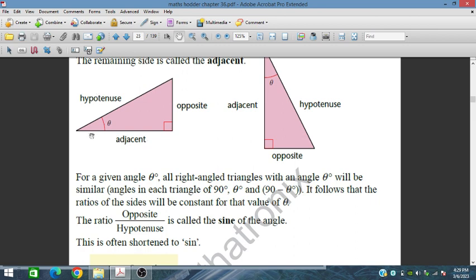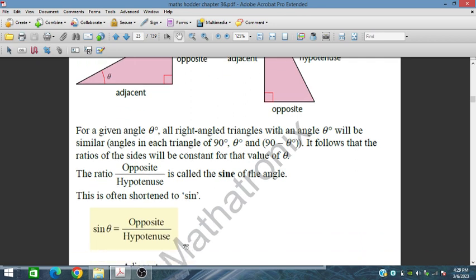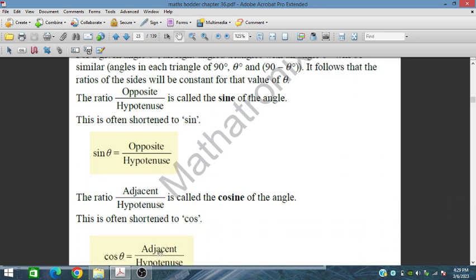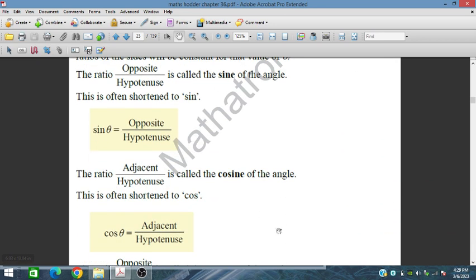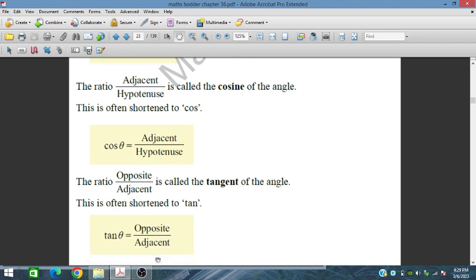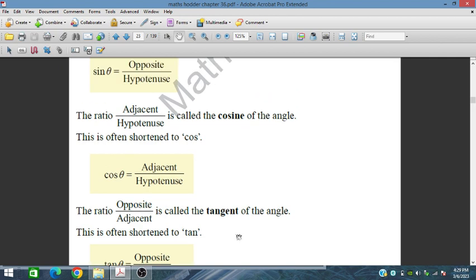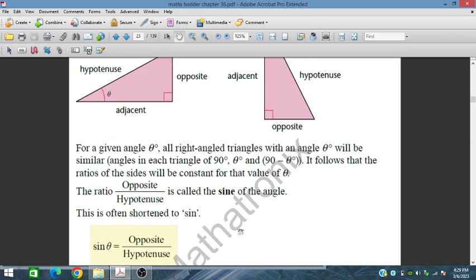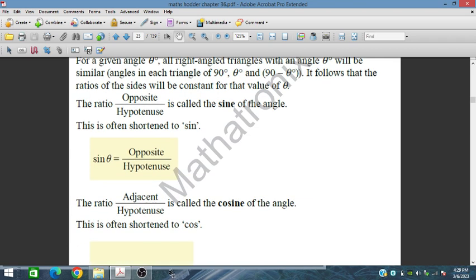So adjacent is this one, and the hypotenuse is in the denominator. Adjacent upon hypotenuse is cos theta, and the last one, tangent, is opposite upon adjacent. So this is opposite divided by adjacent.